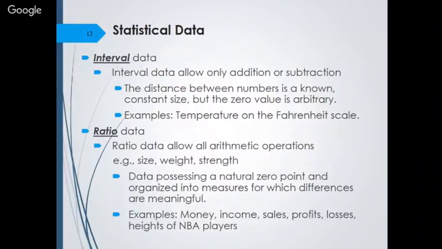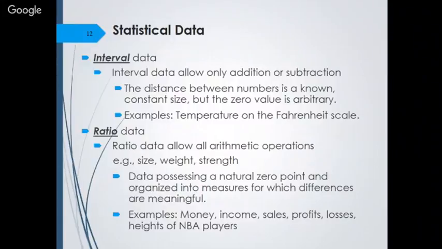Next is interval data. Interval data allows us addition and subtraction. Simply saying, whole numbers, something like that, we can call interval type of data. For example, temperature on the Fahrenheit scale. These are interval data examples. And ratio data allows all the arithmetic operations, that is addition, subtraction, division, and multiplication.